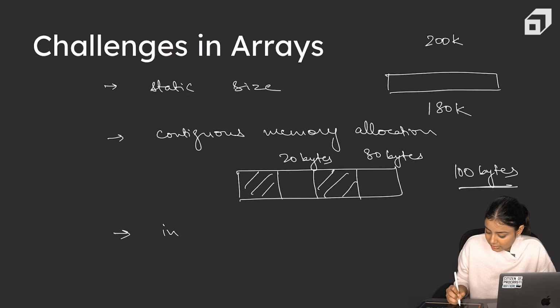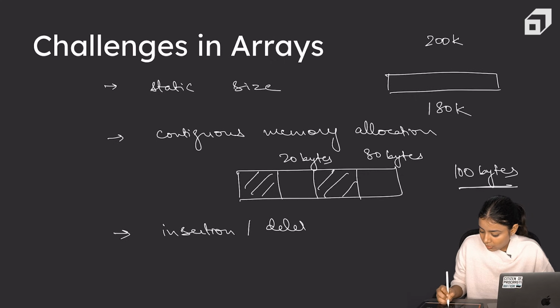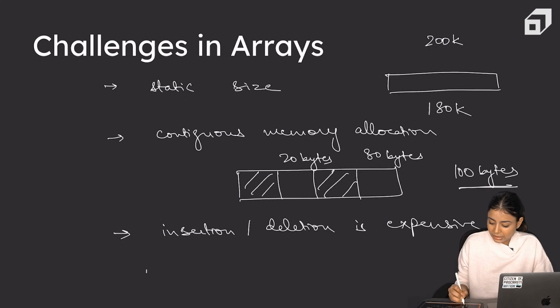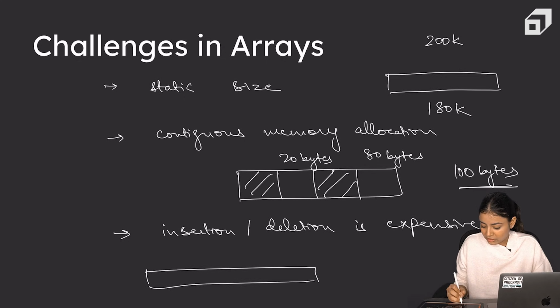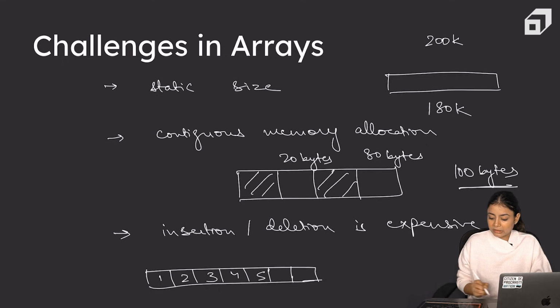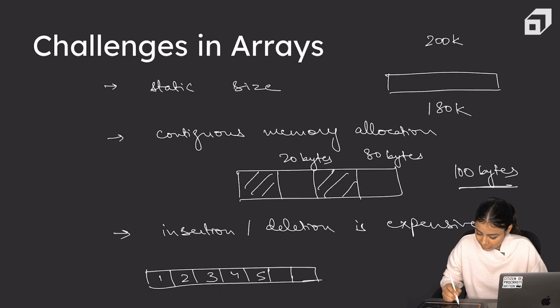Another challenge is that insertion and deletion in arrays is expensive. So once again, imagine we have an array, all right, where we have some numbers 1, 2, 3, 4 and 5, all right, and I want to insert an element 8 here, okay, right here after 2.